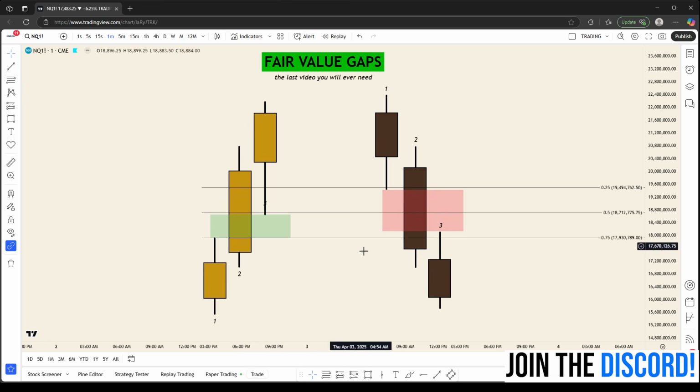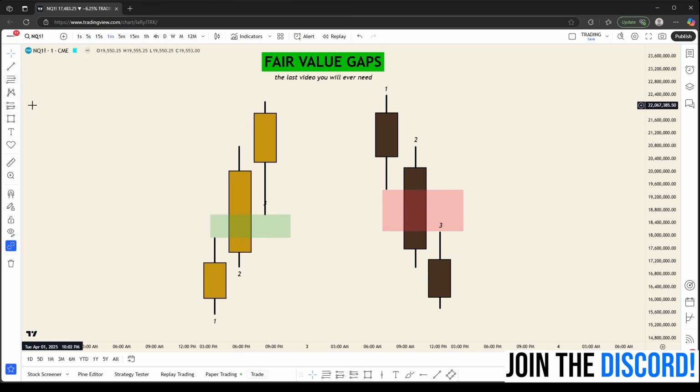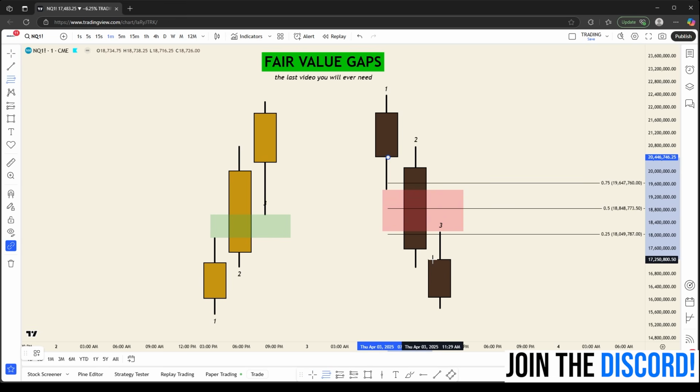And this is the same thing for here. So again, if it has volume imbalances, you're going to test it. If you notice that, hey, if I would have drawn it like this, neither of the wicks are piercing that halfway point, great. Now I'm going to expand my fair value gap to include volume imbalances. If one of these wicks were to pierce the halfway point of that Fibonacci, you will not use the volume imbalances.